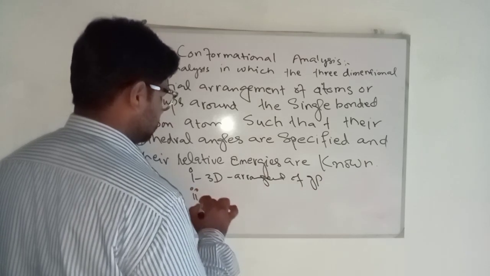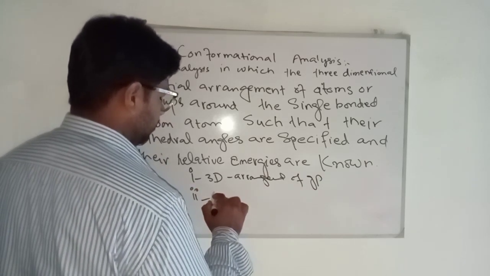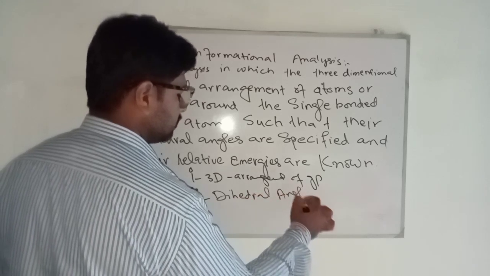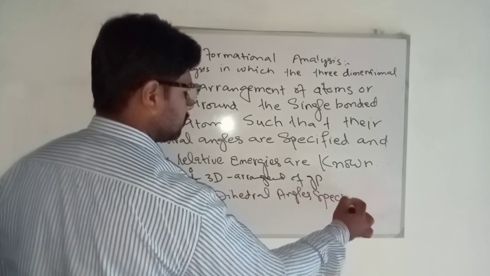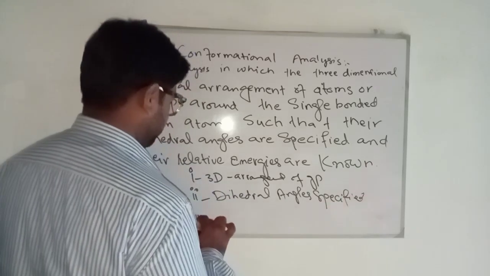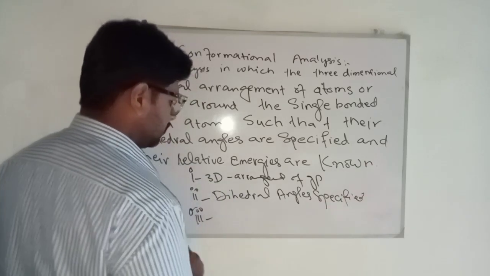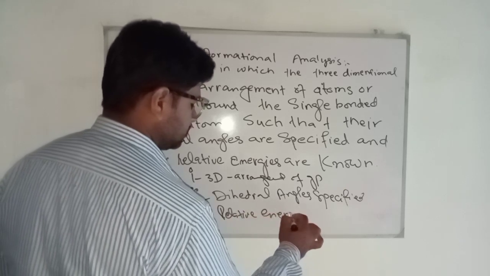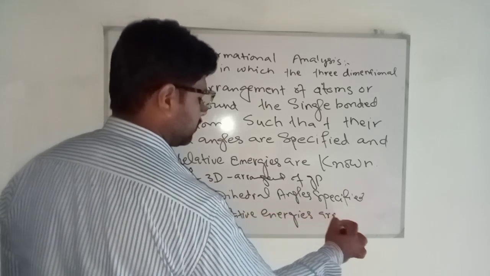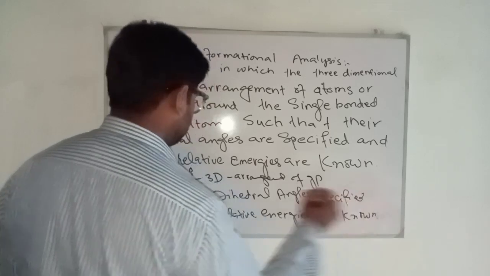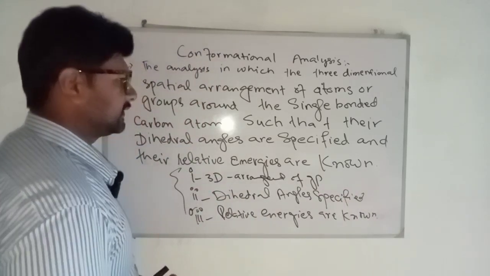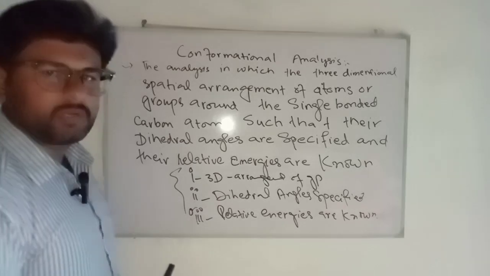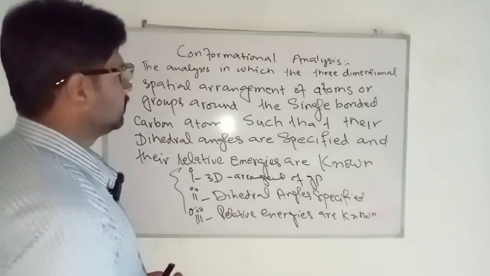Number two is their dihedral angles are specified, and number three is their relative energies are known. So when these three conditions are satisfied, we will say that we know the conformation of the compound.